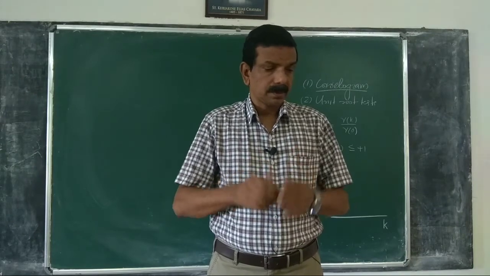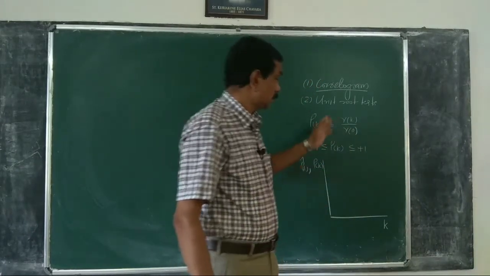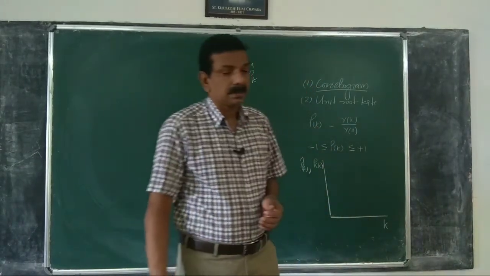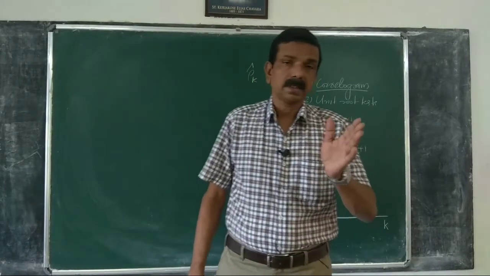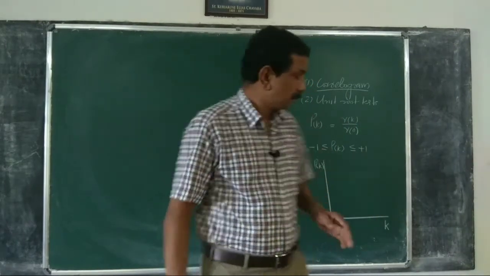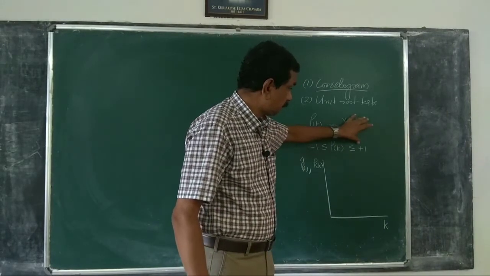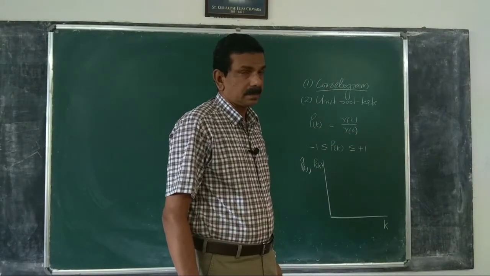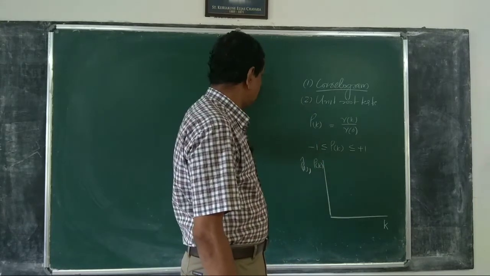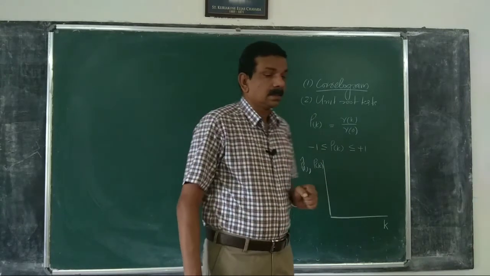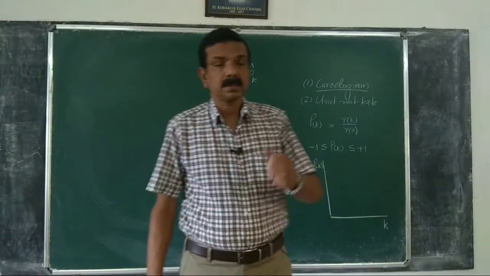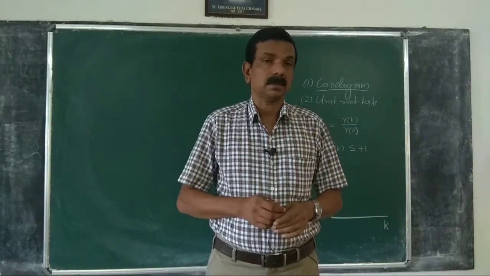And remember also this, the autocorrelation function exists only for a stationary series, because as we have discussed earlier, rho k is defined only for a stationary series. But the sample autocorrelation function can be calculated whether the series is stationary or not.